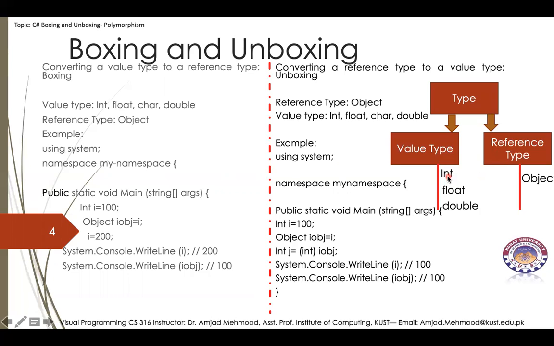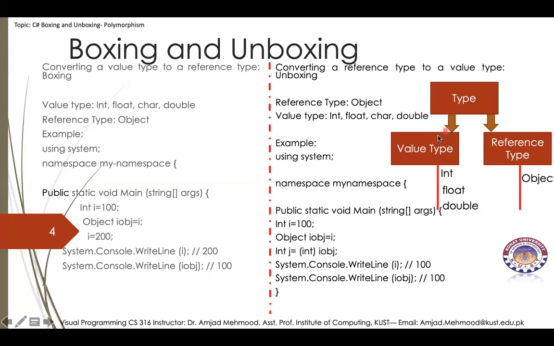So here you can see in value types you have integer, float, double, and in the reference type you have the type object. So if in a situation you want to convert a value type to a reference type, this is called boxing.